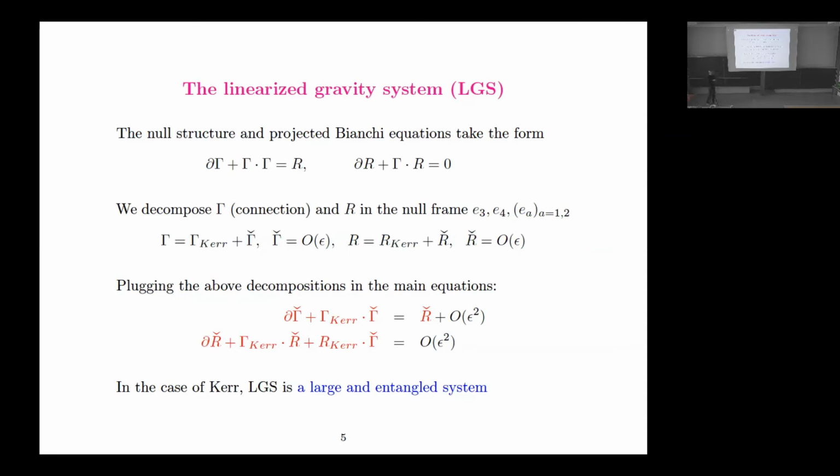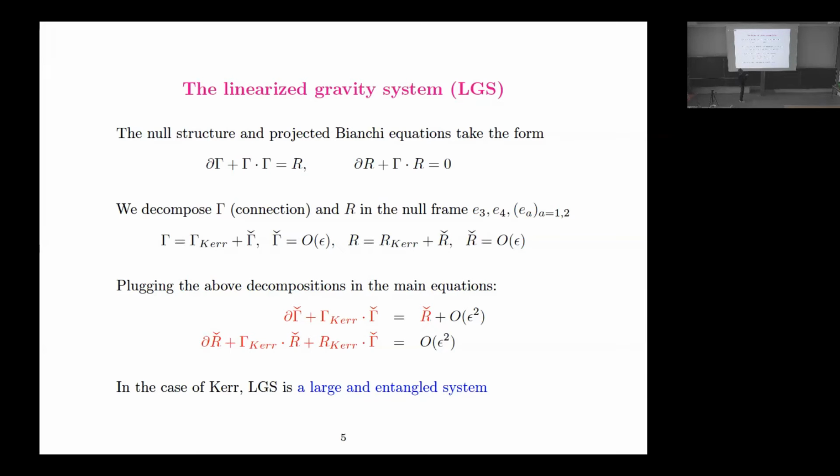Okay, and here what I would like to mention is that in the case of Kerr, you end up with a very large and entangled system. And let me make a remark on what simplifications you can hope for if you look at stability of Minkowski. If you look at stability of Minkowski, then curvature Kerr is now curvature Minkowski, and of course it's flat, so it's 0. And therefore this last term here vanishes. And if this last term vanishes, then suddenly you see that there is a decoupling between the two equations.